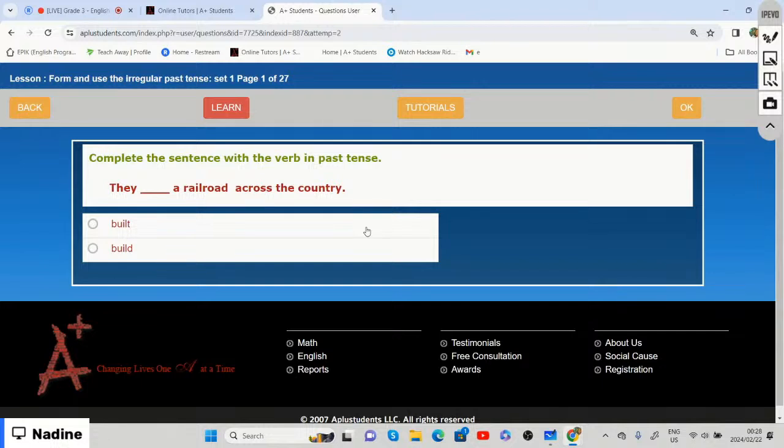We need to choose the correct past tense verb.